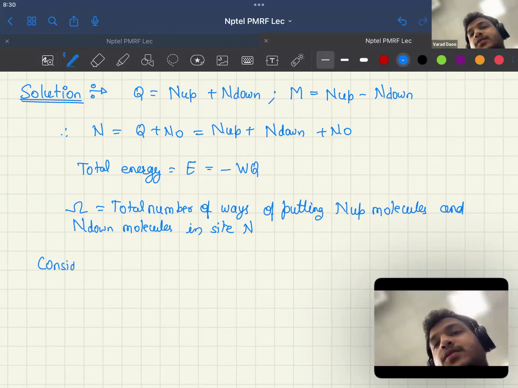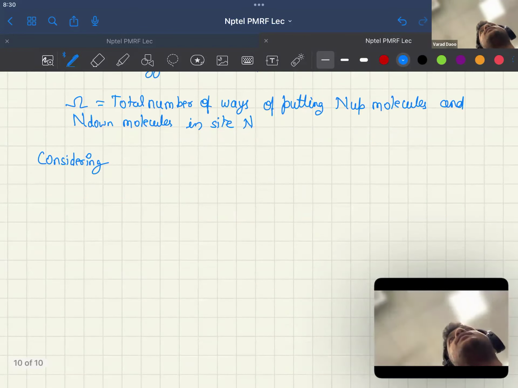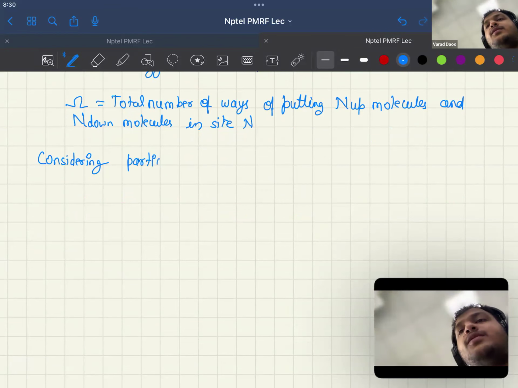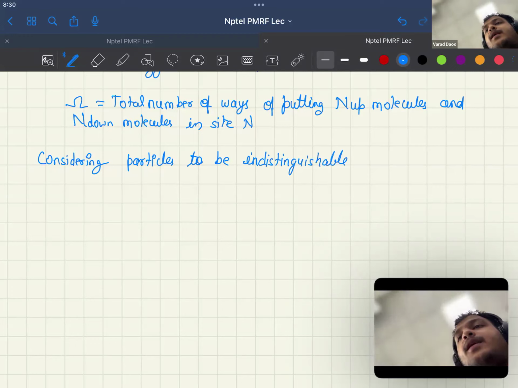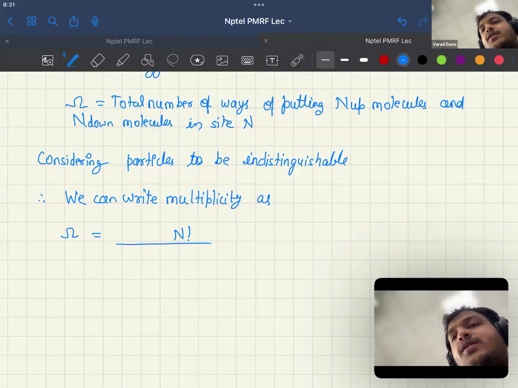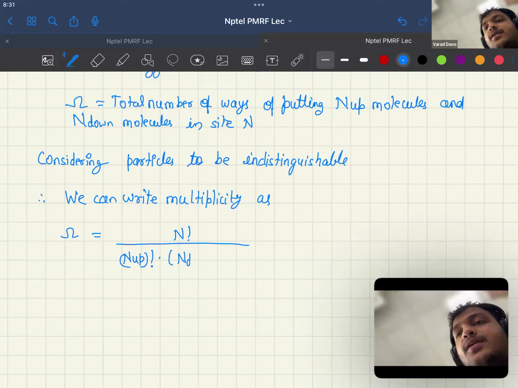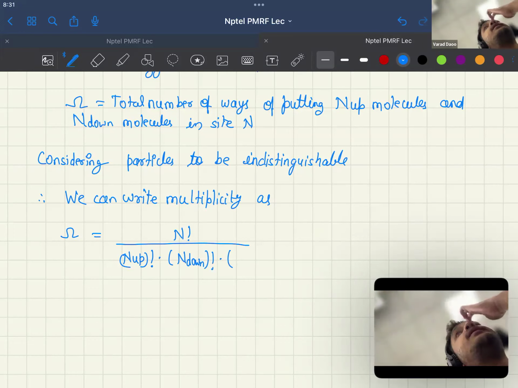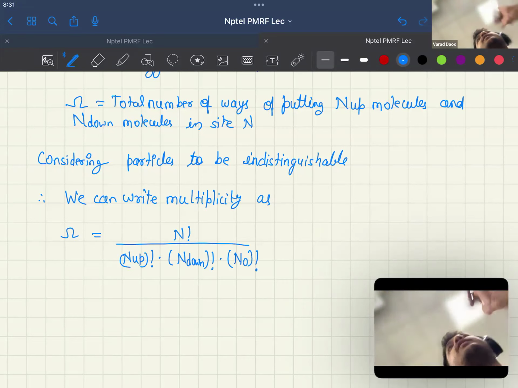Now, considering particles to be indistinguishable, we can write the multiplicity as sigma is equal to N factorial divided by N up factorial multiplied by N down factorial multiplied by N0 factorial.